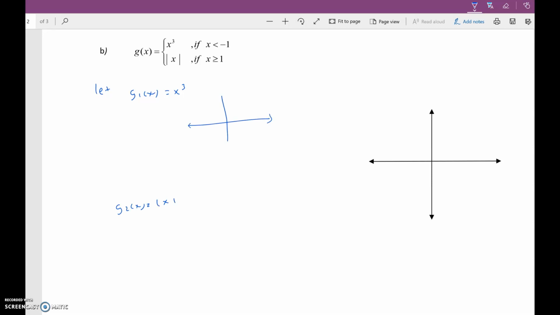I'm just going with 1 and 2 in the order that they're appearing. For the first one, it's x to the third, so it looks like this. We actually graphed it in the first exercise. And then the second one is an absolute value, which is just going to be that v.